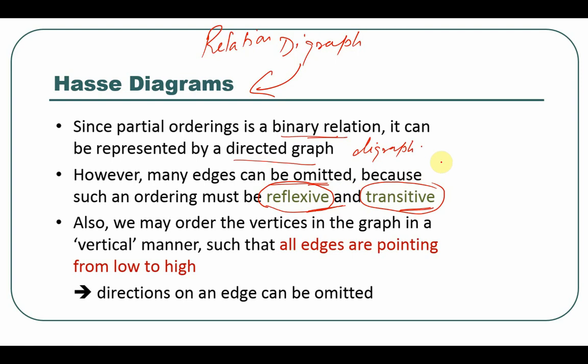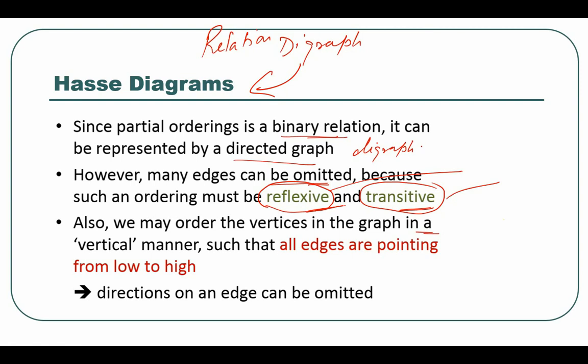So in the first step, we remove all the reflexivity indicating edges, then we remove all the transitivity indicating edges, and then, as a general convention, we make the Hasse diagram in a vertical manner. The edges are either pointing upward or downward.